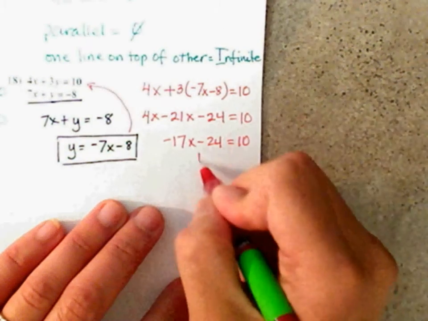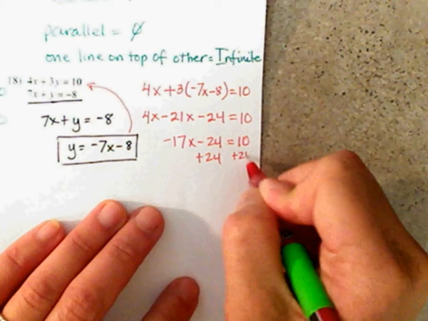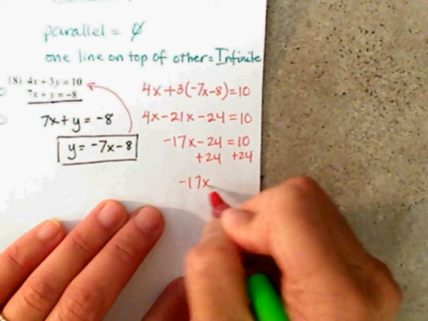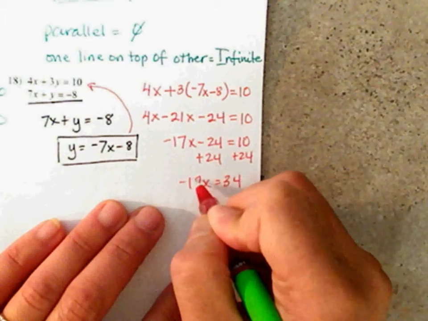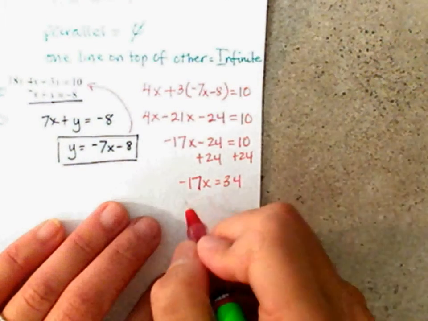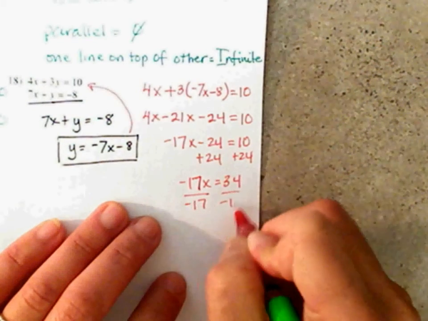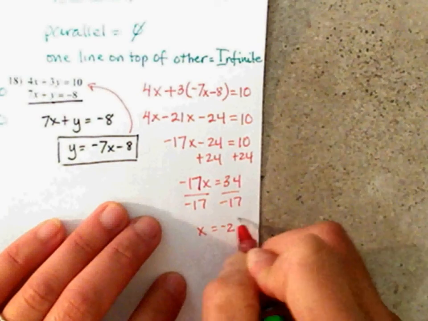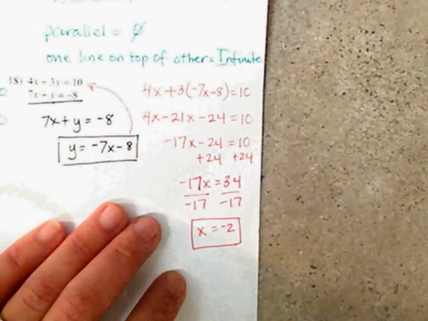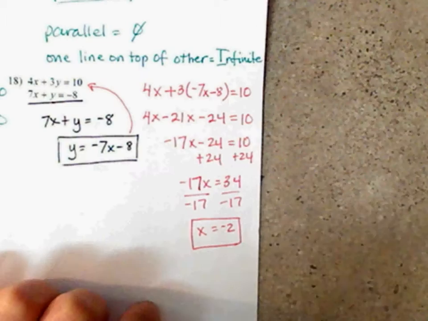Add 24. Okay. Negative 17x is equal to 34. Divide both sides by negative 17. x is equal to negative 2. Just like that. So you found what x is.